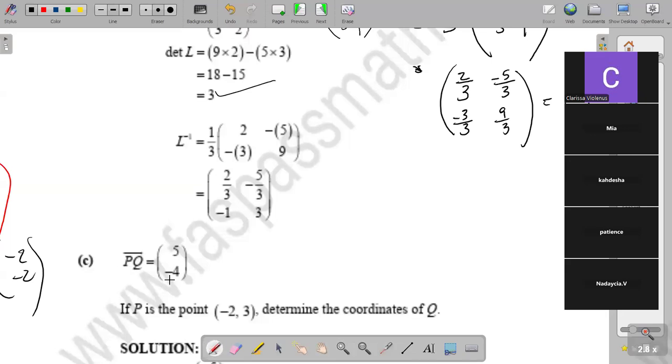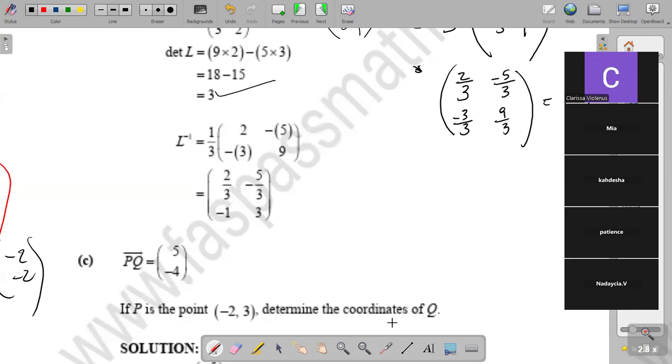PQ is equal to 5, -4. If P is the point -2, 3, determine the coordinates of Q. Oh, I like this question. I love this question. So let's read this again. PQ is 5, -4.